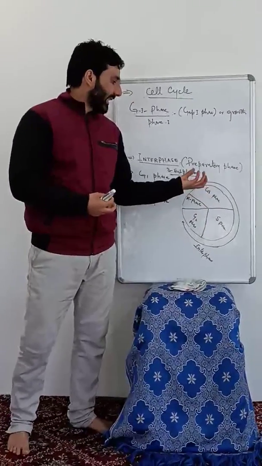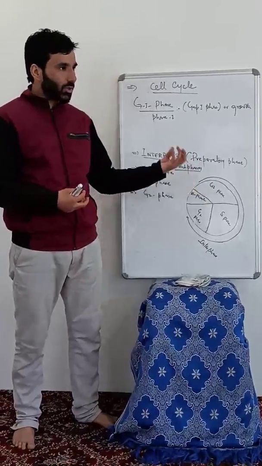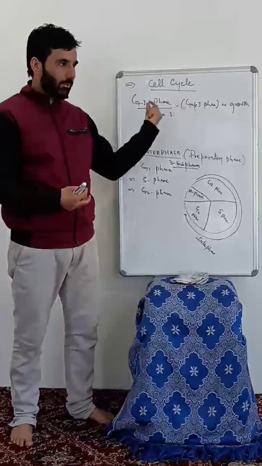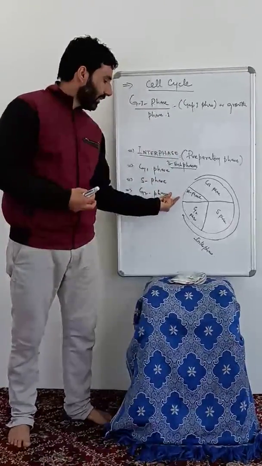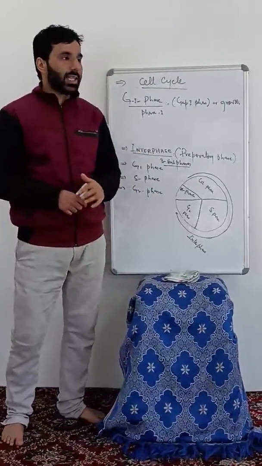So this gap period, where it grows in size and accumulates nutrition, between the previous M phase and the synthesis phase, is called gap. It's also called a growth phase because the cell grows here.